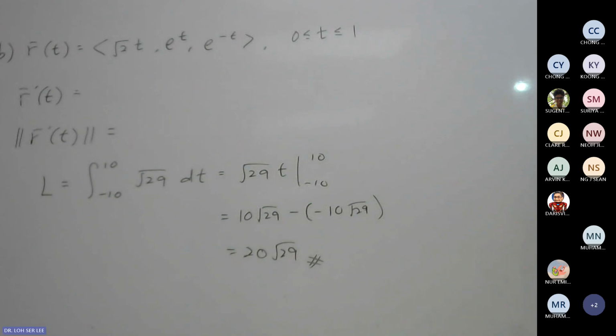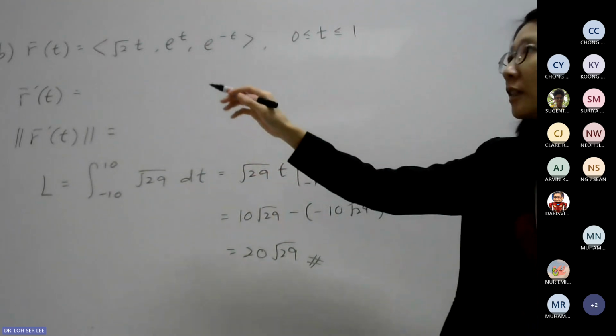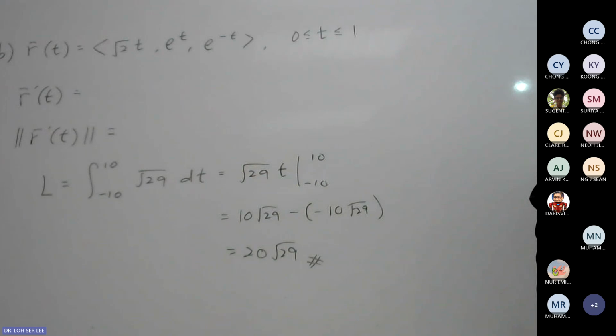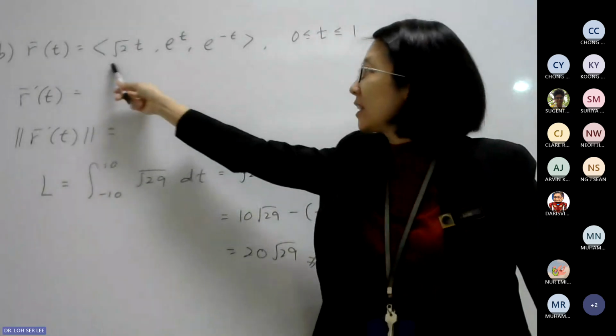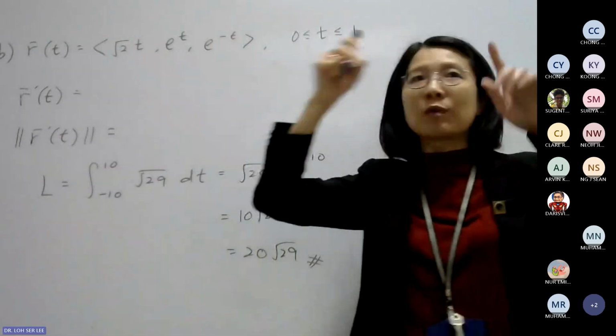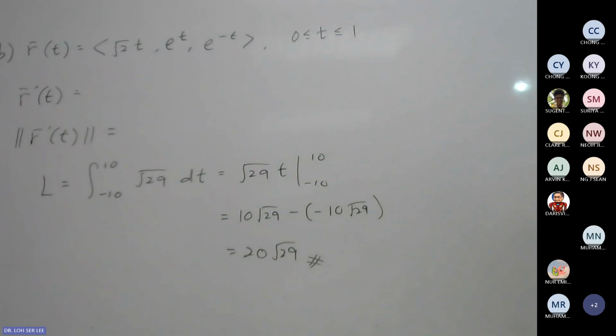For the i, j, k, we have two ways to represent the vector-valued function. It's either in the form of i, j, k, which means it is a linear combination, or you can present the vector with the brackets. They are the same.